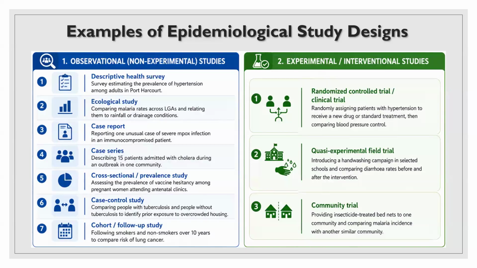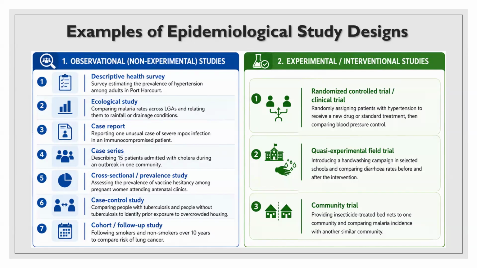You are not trying to know what caused the hypertension. You just want to know whether they have hypertension or not. So it's a prevalence study, and it's observational because there's no intervention. You were not responsible for giving them the food or manipulating their lifestyle to make them come down with hypertension. You have no role in that. So it's observational. It's non-experimental.